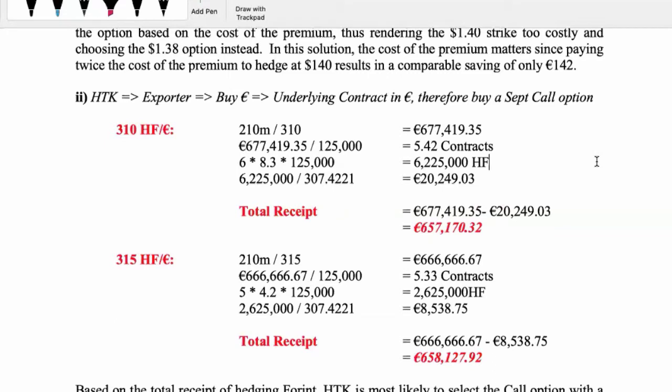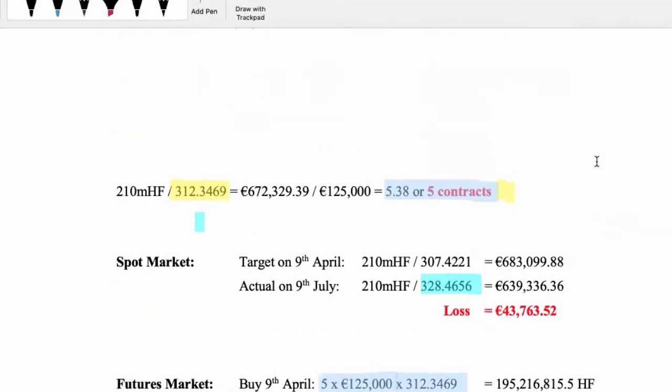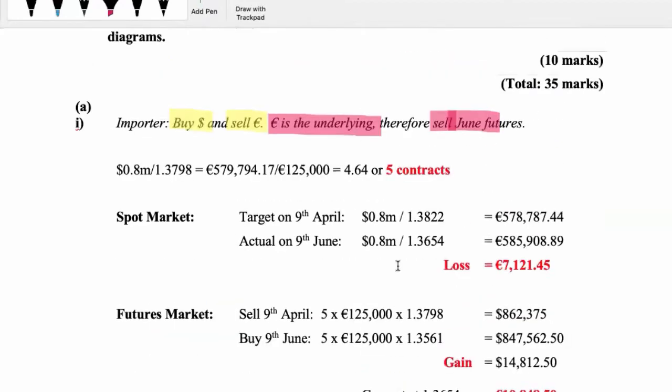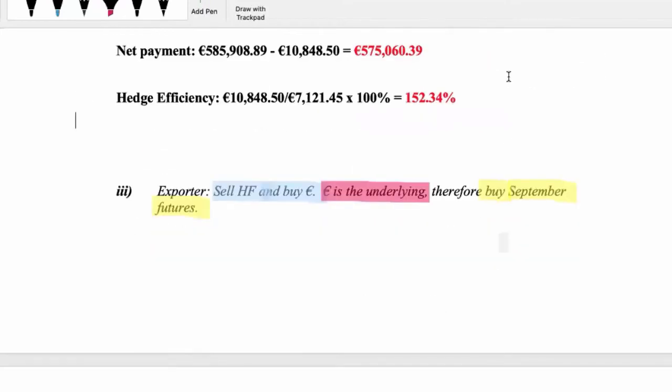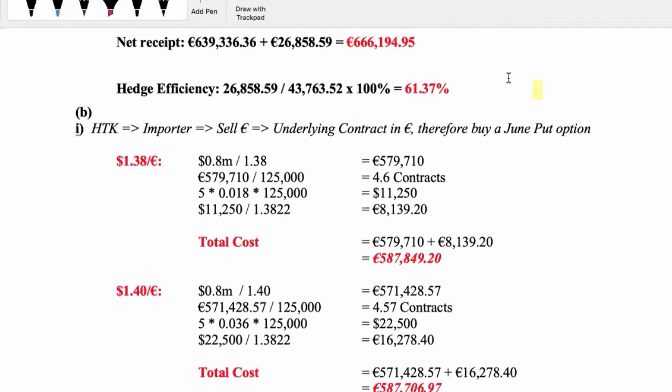Yeah, if you recall, when I did the futures contracts up here, we established for the exporter that we were going to be buying futures, and for the importer, we established that we're going to sell futures. And when we're dealing with options, I mentioned to you, should we be buying calls or buying puts?